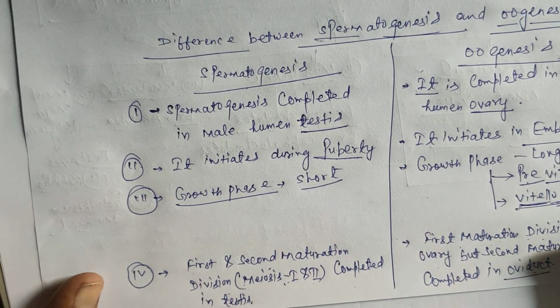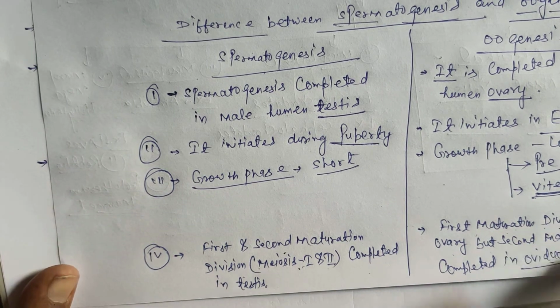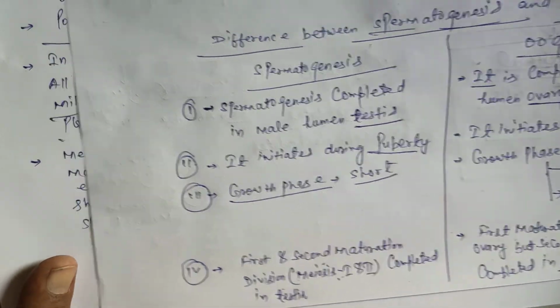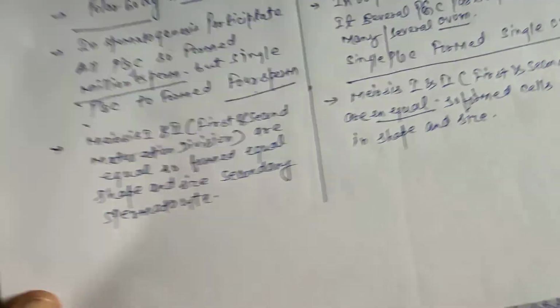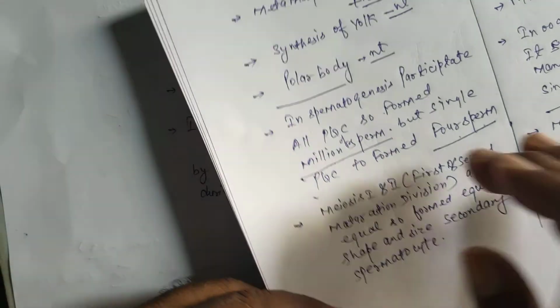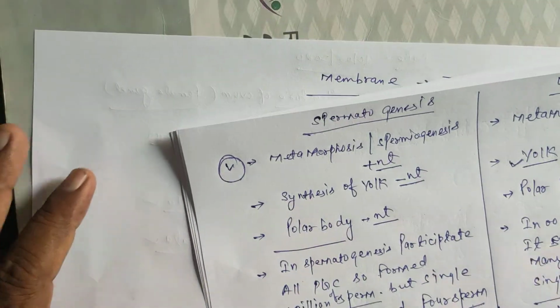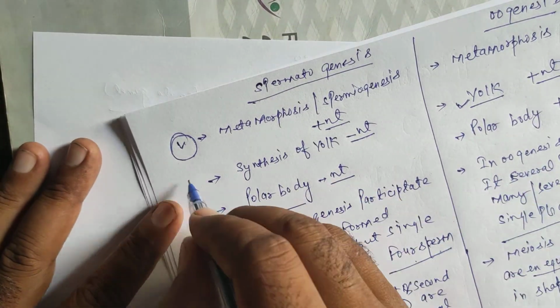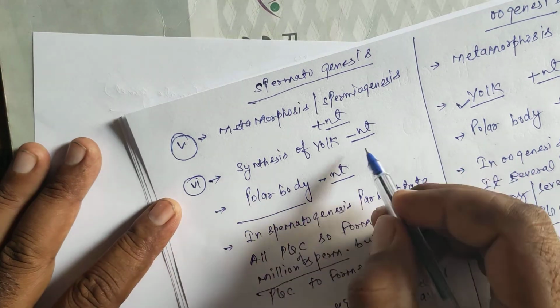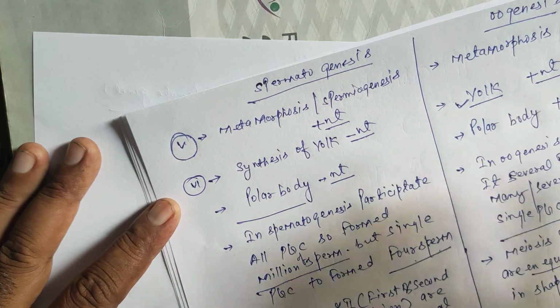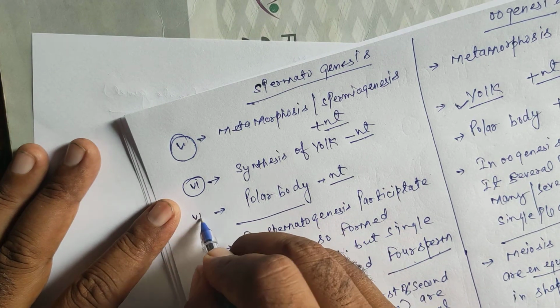First and second maturation are completed in the testis, but in oogenesis first is completed in the ovary, second in the oviduct. Next, metamorphosis is present in spermatogenesis, absent in oogenesis. Next, synthesis of yolk is absent in spermatogenesis, present in oogenesis.